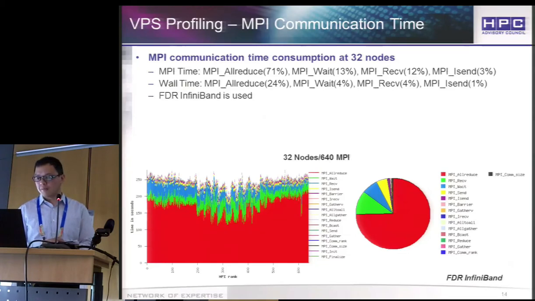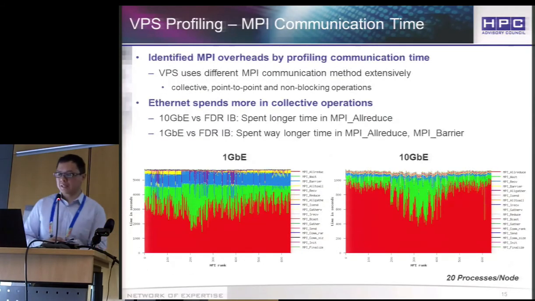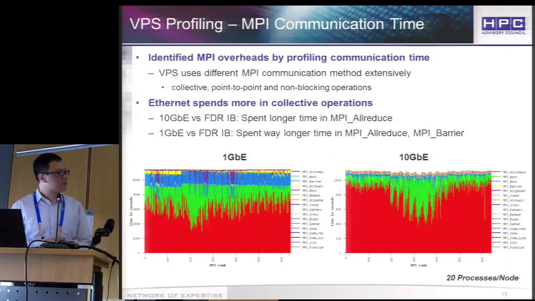Similarly, you see this graph, which is the representation of how much percentage of the overall. So this agrees with what I have up there. Similarly, for 1 and 10 gig E, we have this red splat of all reduce, but the scale is way up there for 1 gig E, and a little bit better for 10 gig E. But the behavior seems to be the same.